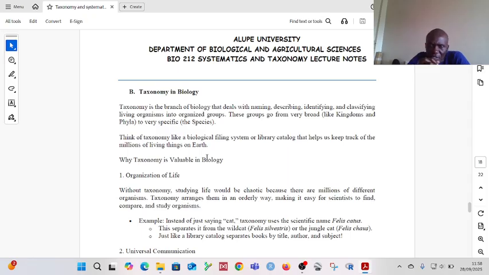So in biology then, why is taxonomy valuable? Taxonomy is valuable because it helps in organizing life. Without taxonomy, studying life will be chaotic because we have different organisms, millions and millions of organisms.